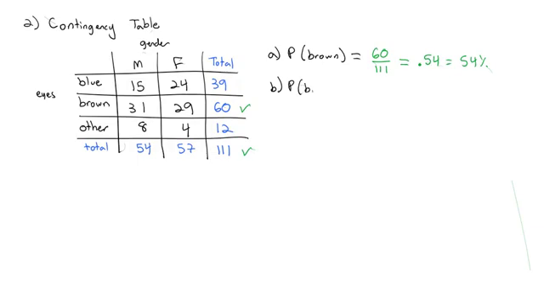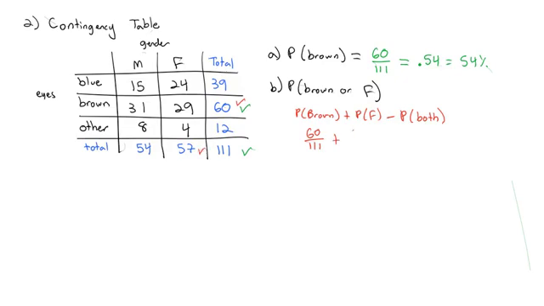What if I want to know the probability of brown eyes or female? Here we're going to have to use our OR formula that says we're going to take the probability of brown plus the probability of female, and then we'll subtract the probability of, I'm just going to write both. So brown-eyed total was 60 out of 111.